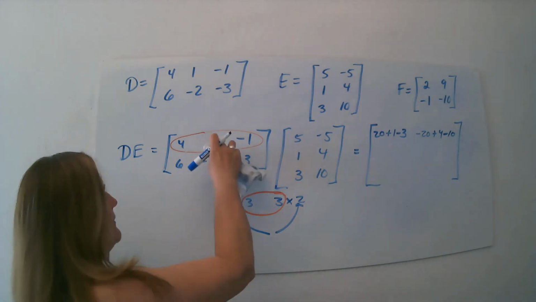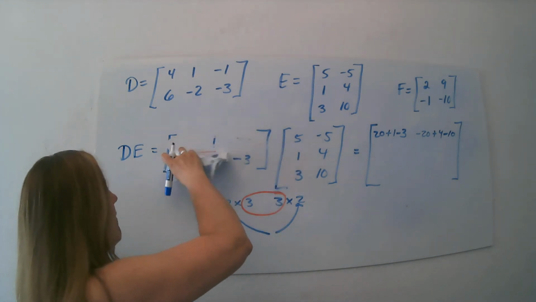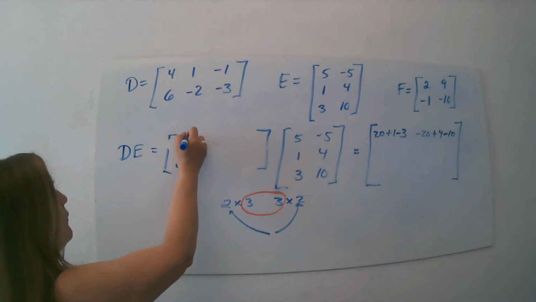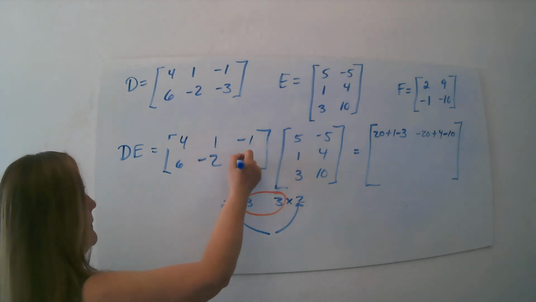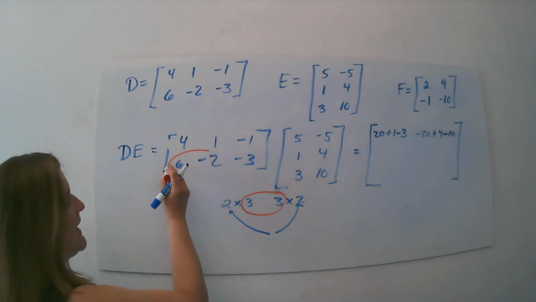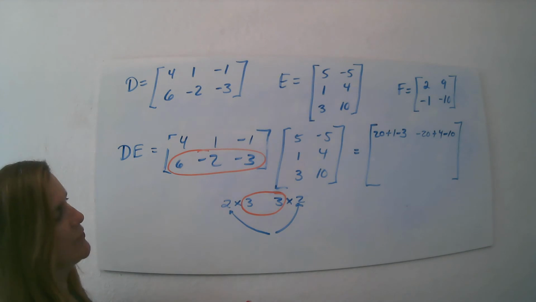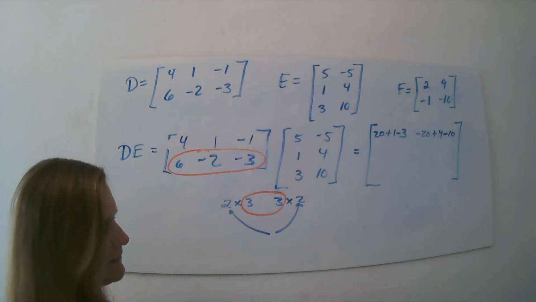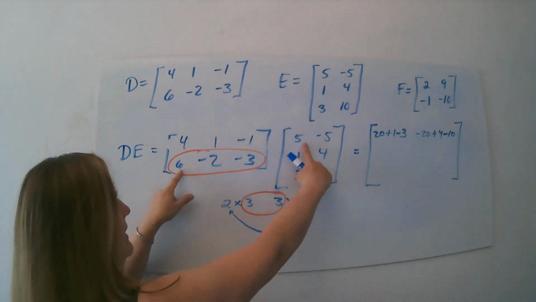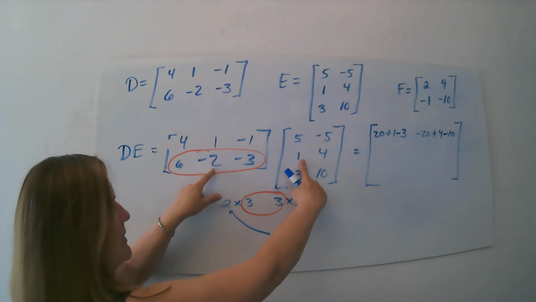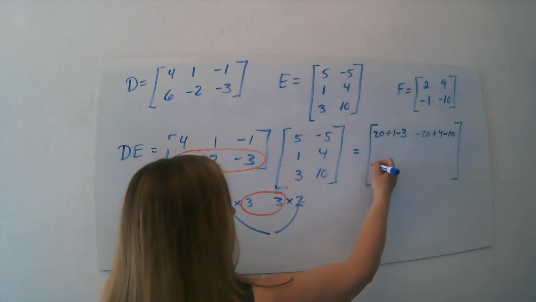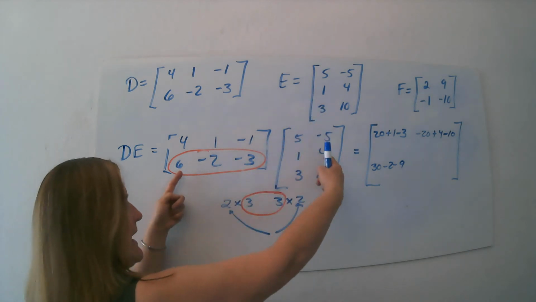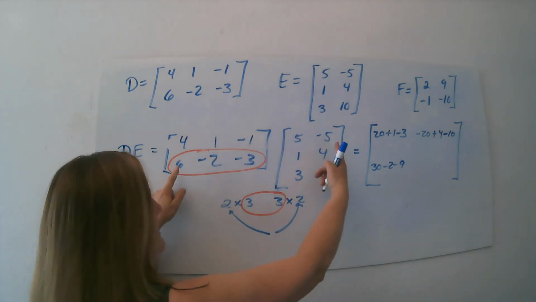Let's move down to the second row. Just going to erase that and write it back in a little bit neater. So we have 4, 1, negative 1 here. So now we're using the second row, and we're going to go through our columns. So second row, first column. And notice we'll have a 30 minus 2 minus 9. Second row, second column, our entry is going right here.